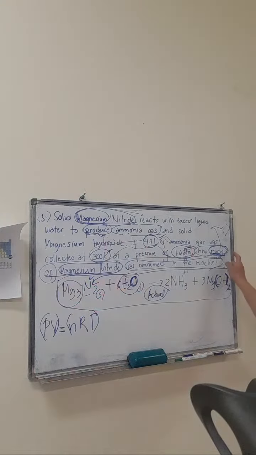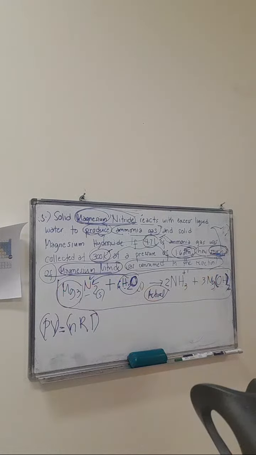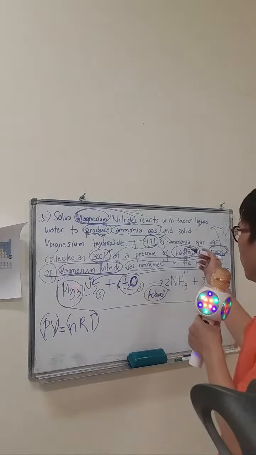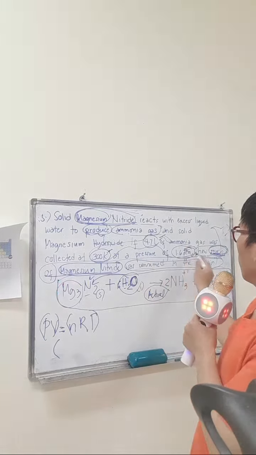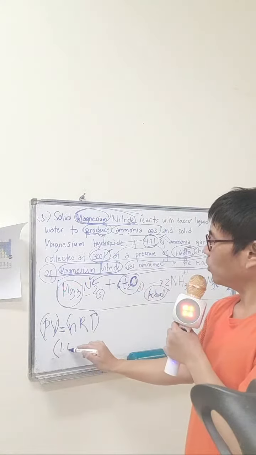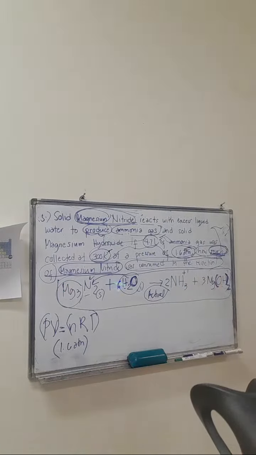Mass of the magnesium nitride, not the volume. Okay, now use the theoretical. So pressure 1.6 atmosphere. We are computing for the ammonia because ammonia is a gas.